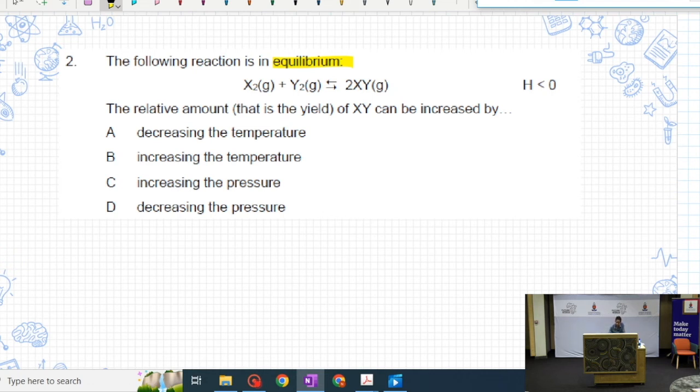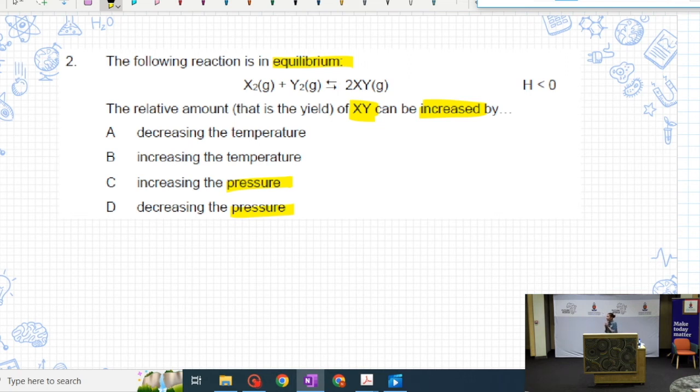They say the relative amount, that is the yield of XY, can be increased by. Now some of you, when you just see gases, you immediately think pressure. But why is pressure not going to work here? Perfect. There's an equal number of moles of reactant and product.